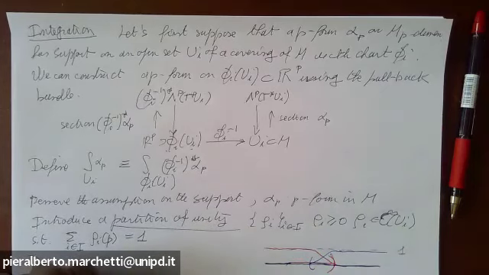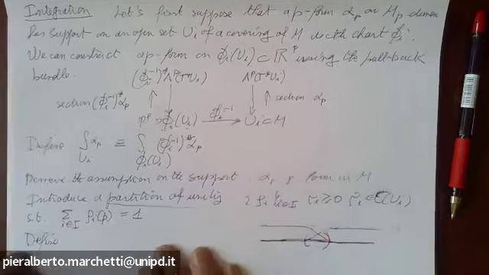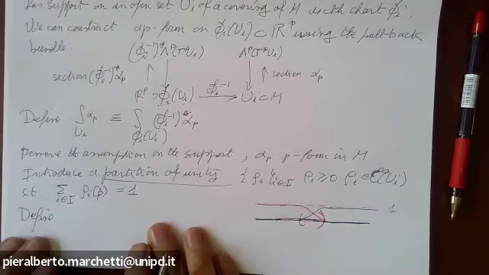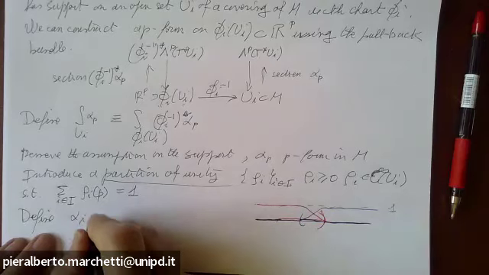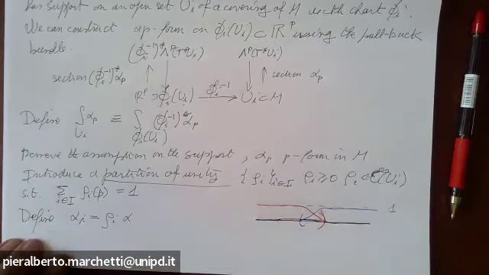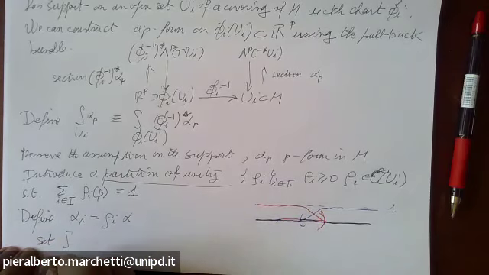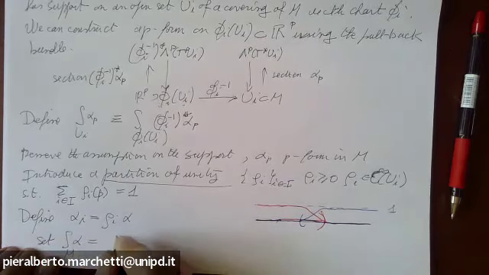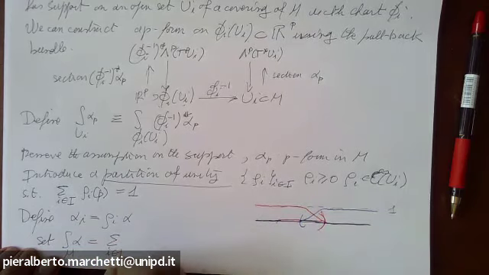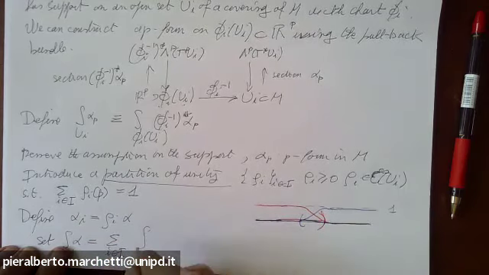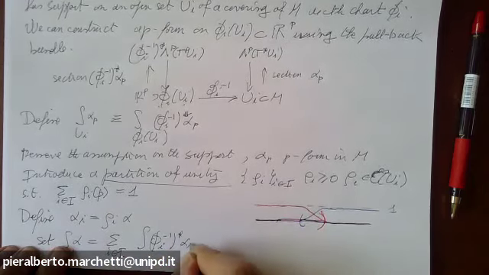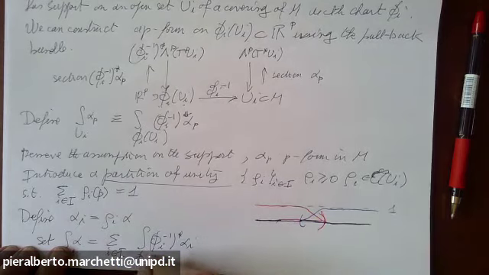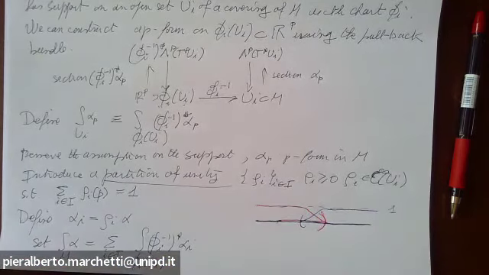And now it is clear how you do. You define alpha I equal to rho I times alpha. And then you set the integral over M of alpha just as the sum over the index set I of the integration of phi I to the -1 star of alpha I, each one contained exactly in phi I of ui, and then you're done.